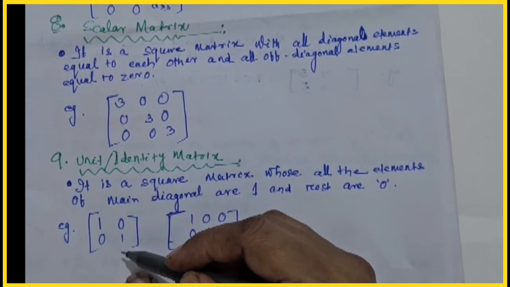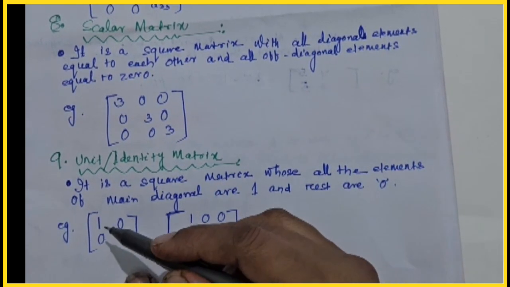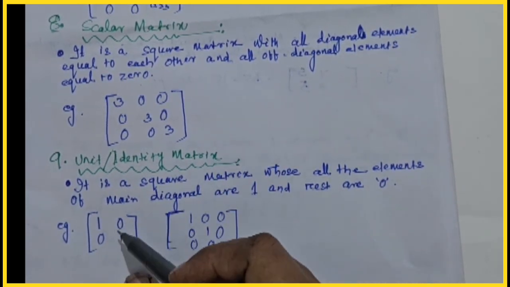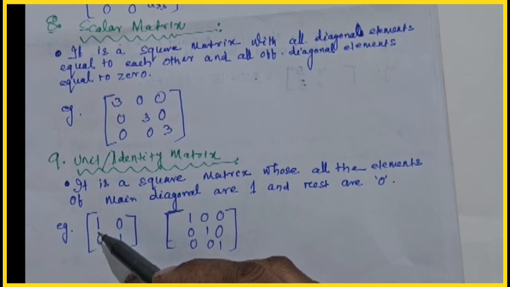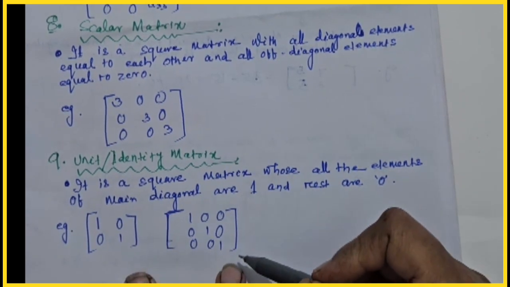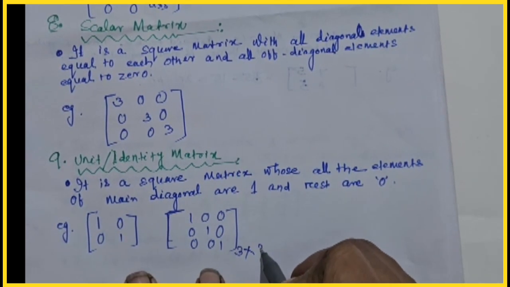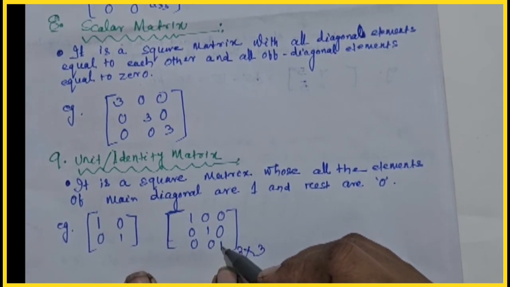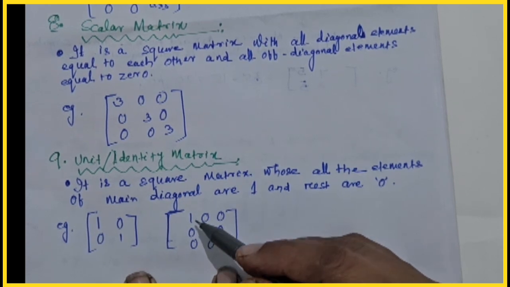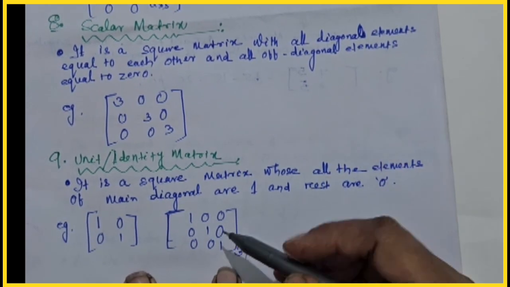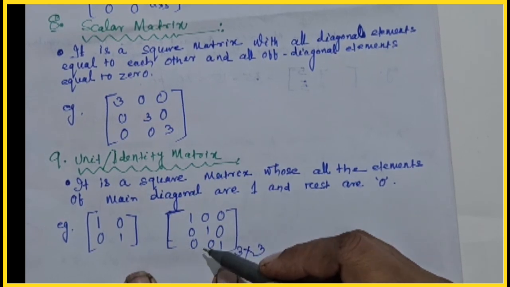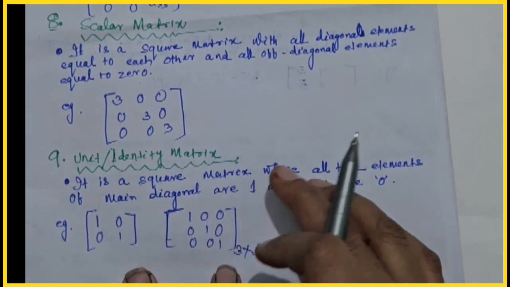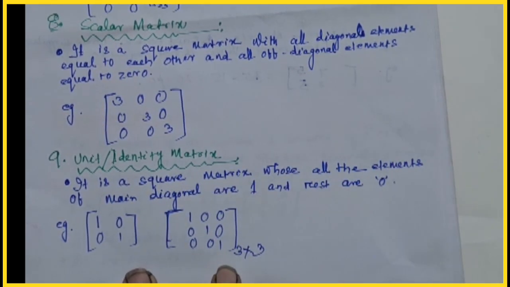The elements are same and here 1 है. सेम तो था हमारा स्केलर मैट्रिक्स में, 1 होगा, यूनिट है ना तो 1 होगा. A11 is 1, A22 भी 1. यहाँ पर 3 cross 3 मैट्रिक्स है. So here A11 is 1, A22 is 1 and A33 भी also 1. That means जो एलिमेंट है डायगोनल एलिमेंट वो है 1. बाकी एलिमेंट above the diagonal and below the diagonal are 0. So this is unit or identity matrix.